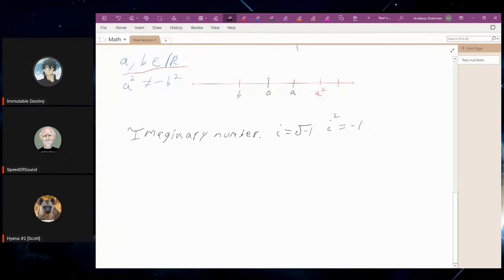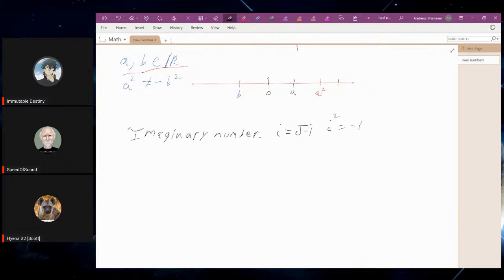Well, that's actually quite interesting, isn't it? Because this is the exact thing we were looking for that we were ashamed about from real numbers, that we can't have a square number be equal to a negative number. And this is the exact reason complex numbers were developed.